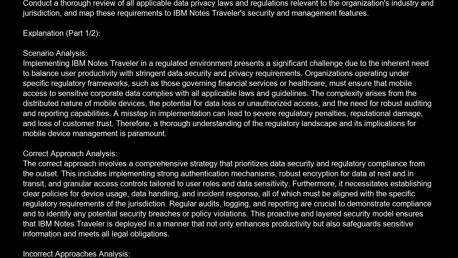Regular audits, logging, and reporting are crucial to demonstrate compliance and to identify any potential security breaches or policy violations. This proactive and layered security model ensures that IBM Notes Traveler is deployed in a manner that not only enhances productivity, but also safeguards sensitive information and meets all legal obligations.